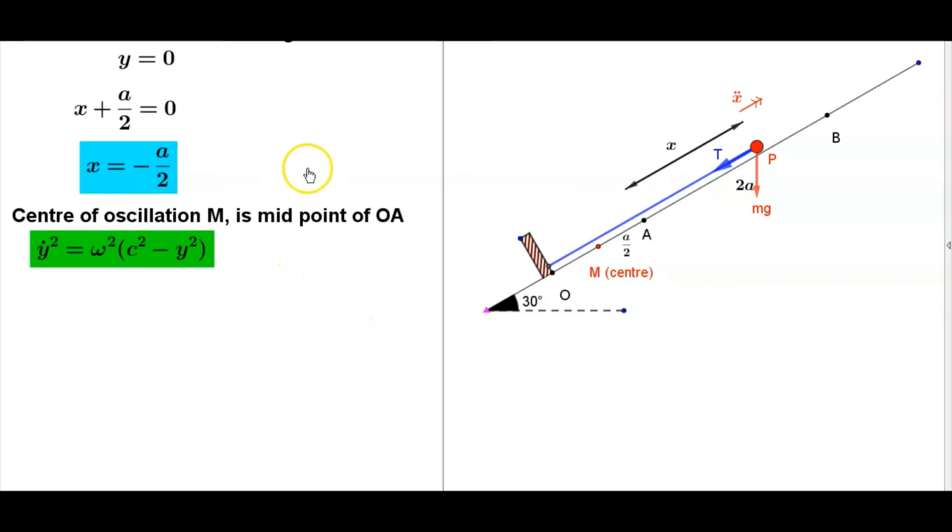Now we use the formula y dot squared is equal to omega squared into c squared minus y squared to find the amplitude.